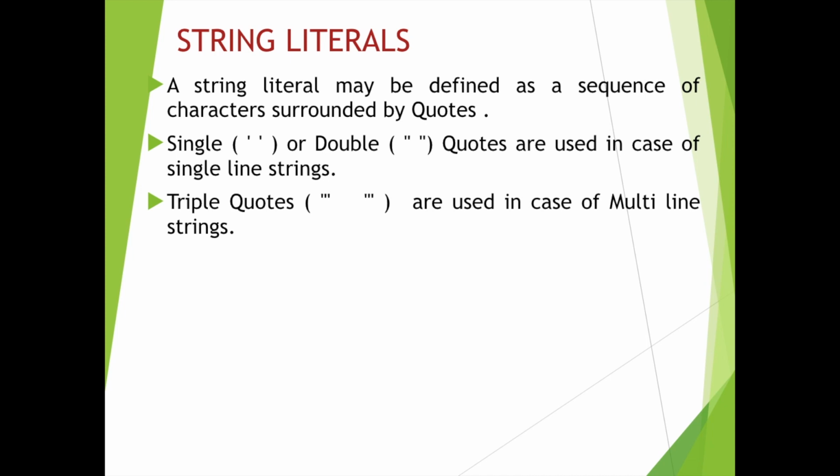Single line string means that if the string is spread only across one line, then it is called a single line string, and if it is spread across more than one line, then it is called a multi-line string. So in case of multi-line strings, we will be using triple quotes, and in case of single line strings, you can choose to use either single quotes or double quotes.